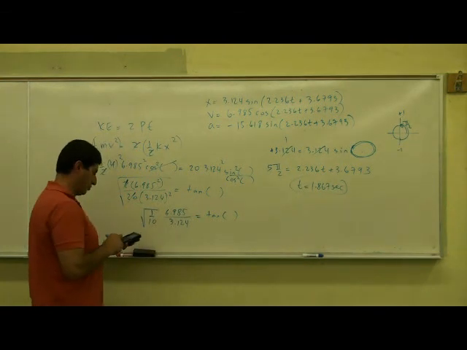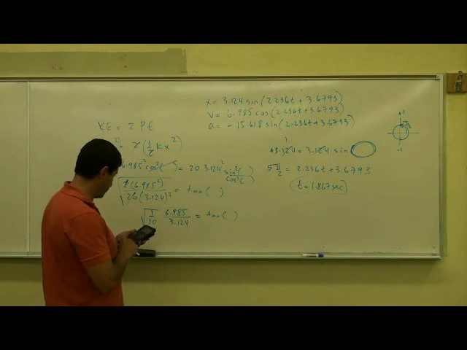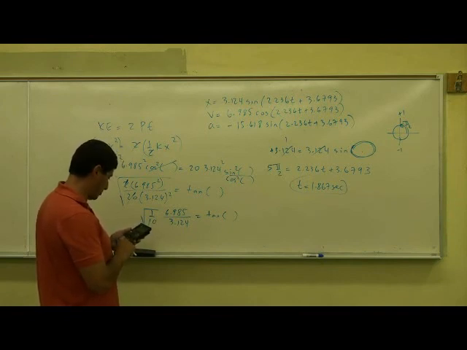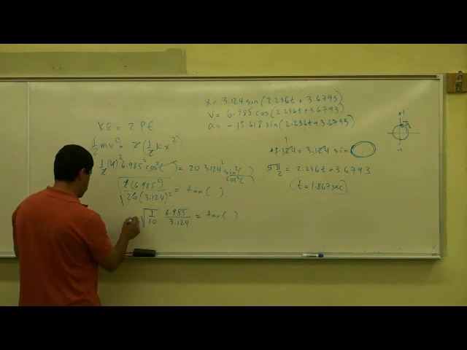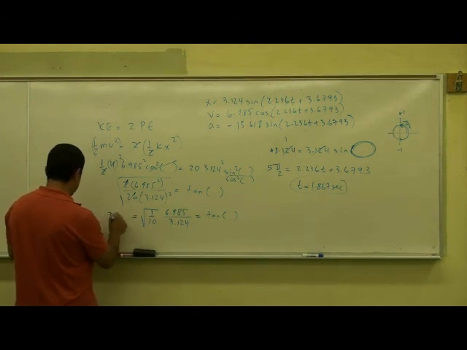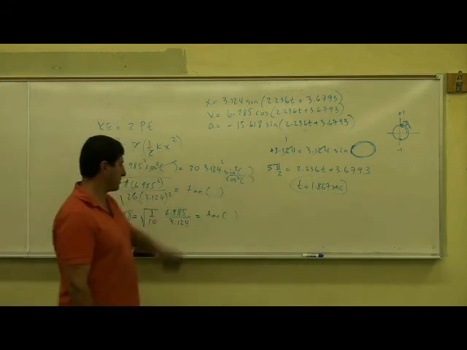So let's see what this is equal to. 6.985 divided by 3.124, divided by square root of 10, and that's equal to 0.707058. Okay? So that's equal to tangent of whatever's in the parentheses, right?